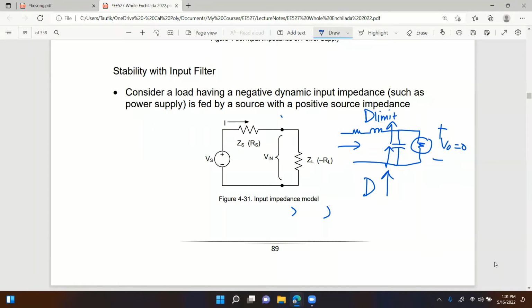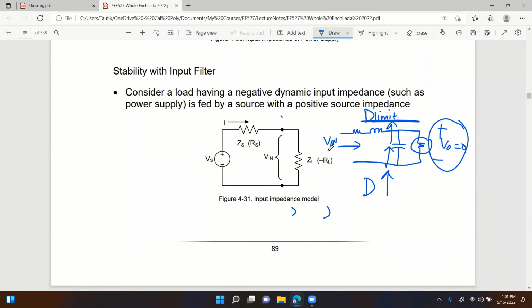Remember, duty cycle has a limit of 1. In reality, it's going to be maybe around 0.99, 0.95 or something. So once the duty cycle hits the limit, because Vin keeps decreasing, the controller is out of regulation, and finally it gives up, and the output voltage becomes 0.